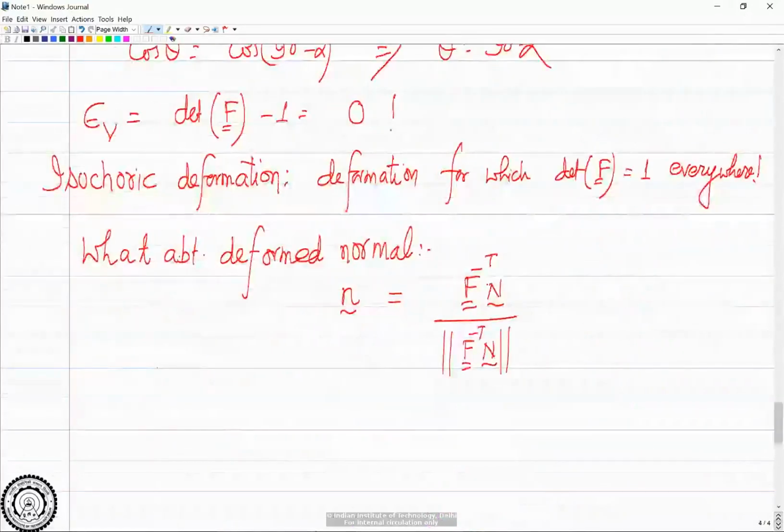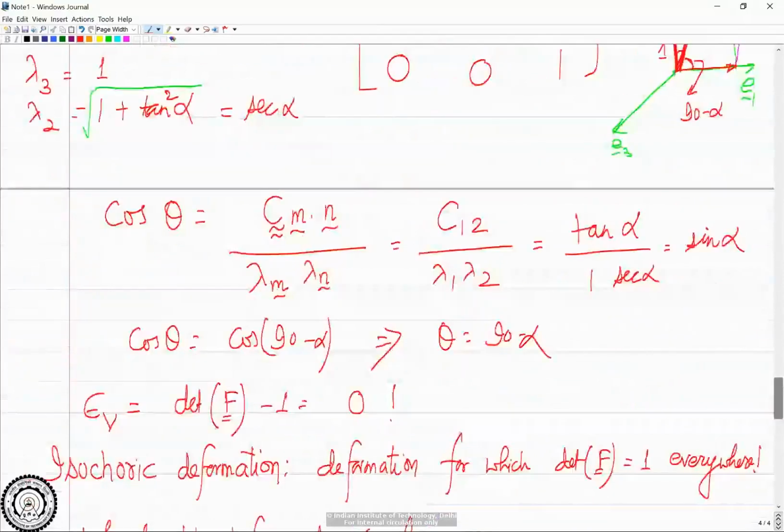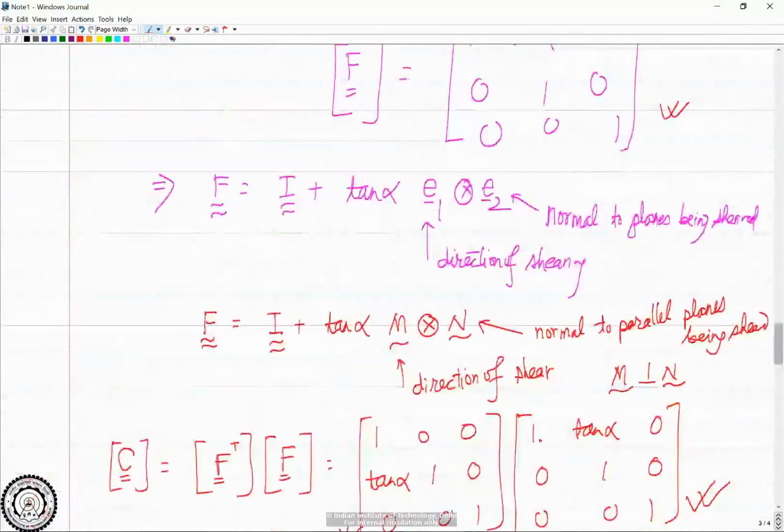So first of all, we have to find out F inverse. So F is equal to the identity plus 10 alpha, and what did I write there? Was it M tensor product N?